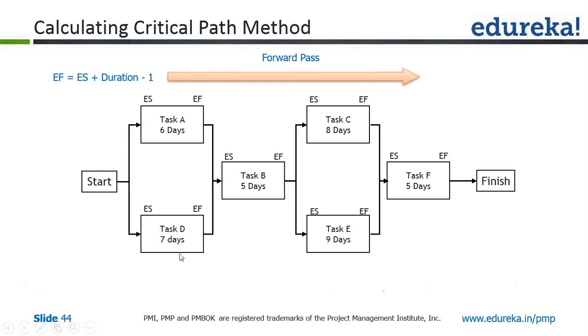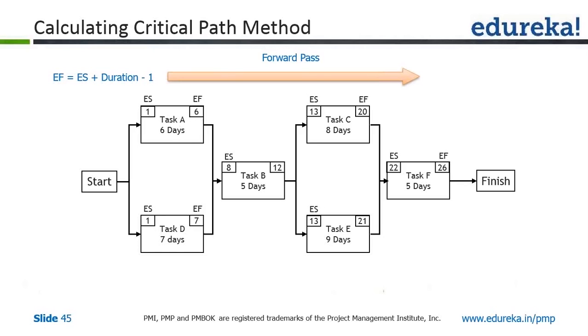So let us calculate this early start. When we are starting the project, on day one, task A will start. Having a duration of 6 days, the earliest it can be finished is day 6. Why day 6? Because day 1 is inclusive.